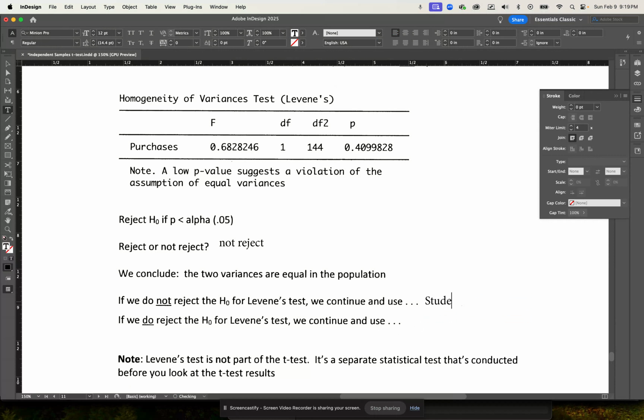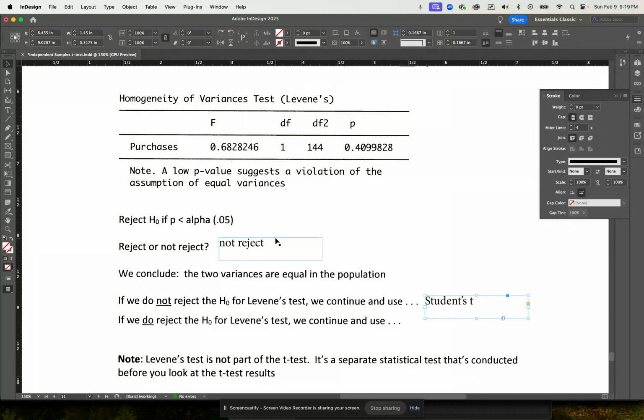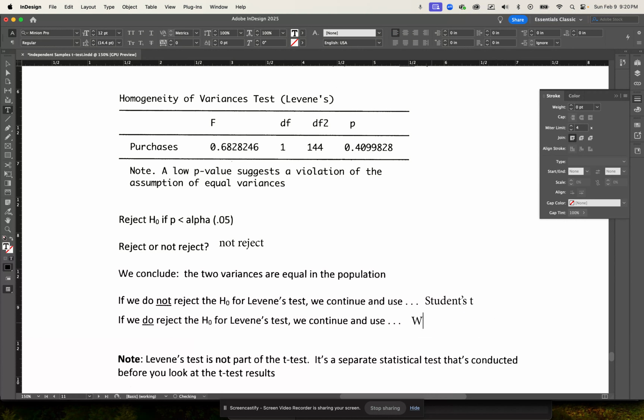So this would be the student's t. But if we reject the null hypothesis for Levene's test, then this is when we're going to use the Welch's t. Well, in this case, we did not reject, so we're going to use the regular t or student t.